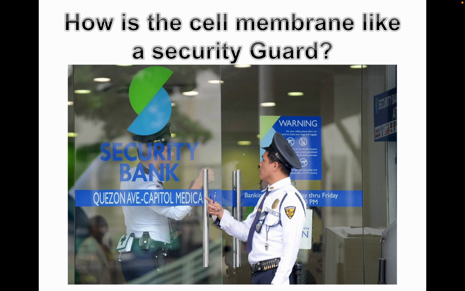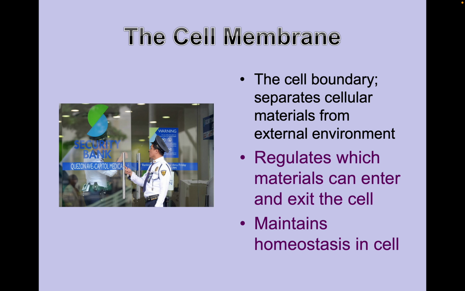It also regulates the entry and exit of molecules and ions, allowing only certain molecules to pass through while blocking others. Next one is the functions. So what are the functions of the cell membrane?